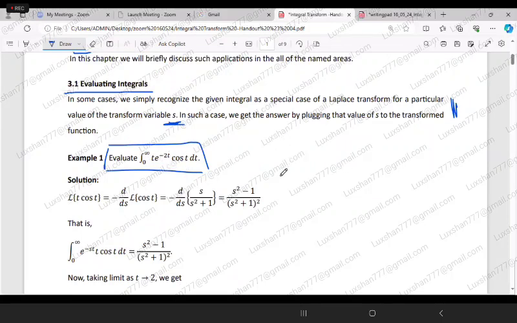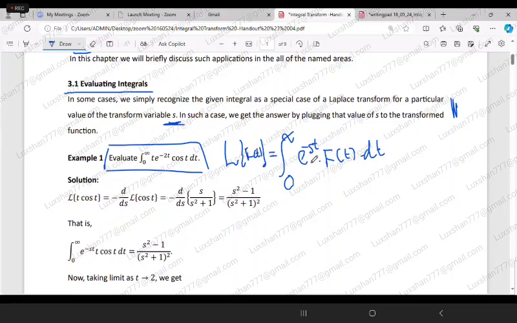What is the Laplace transform form? The integral from 0 to infinity of e to the power minus st times F(t). This is the Laplace transform of the function f(t).